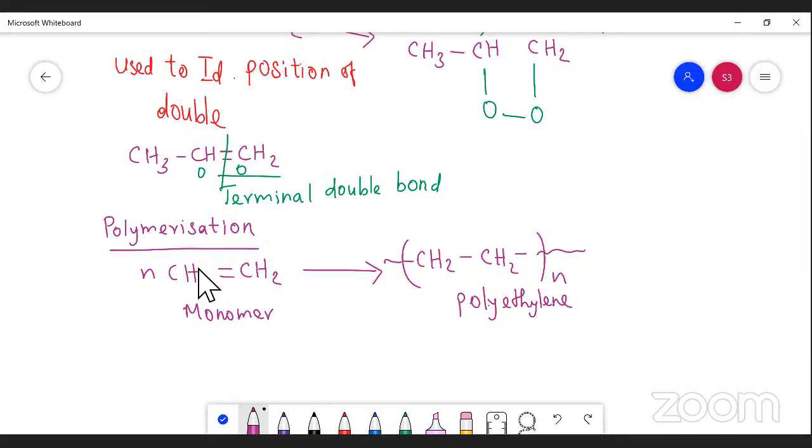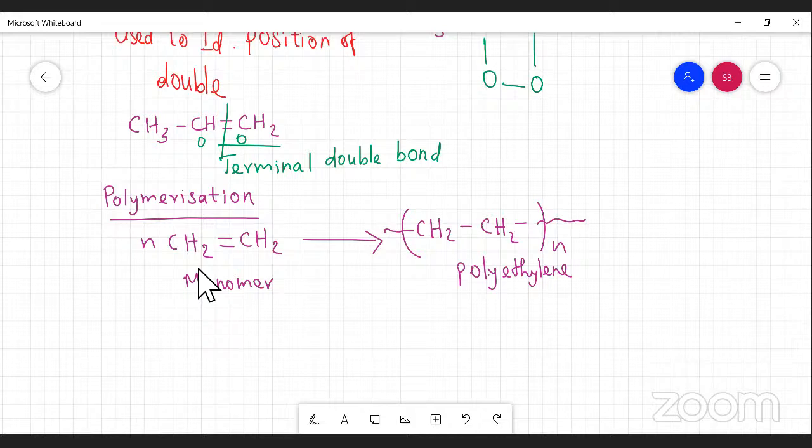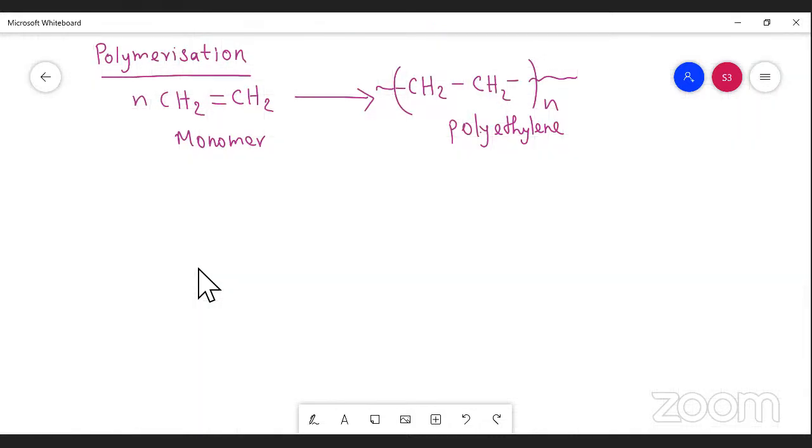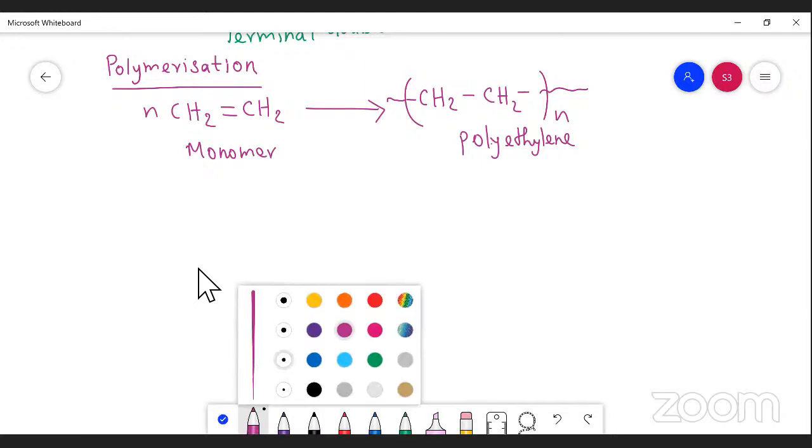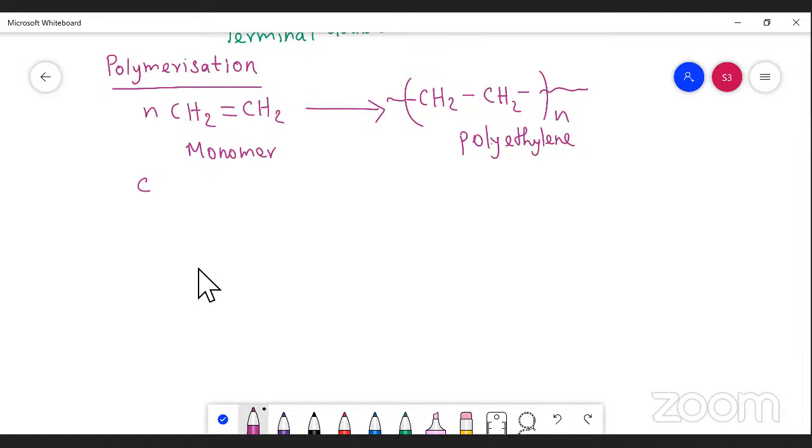Likewise, we may take propylene on polymerization. Propylene is CH3-CH=CH2.